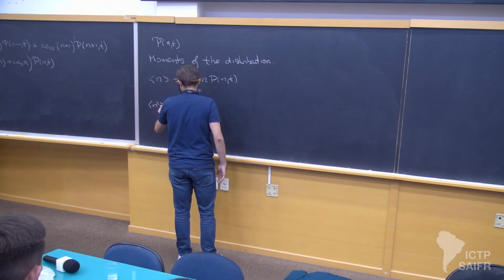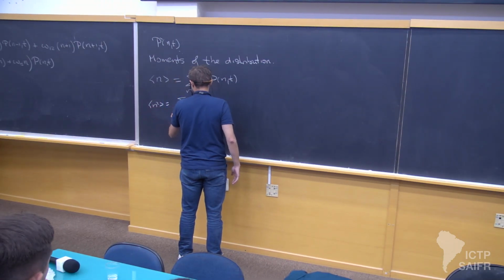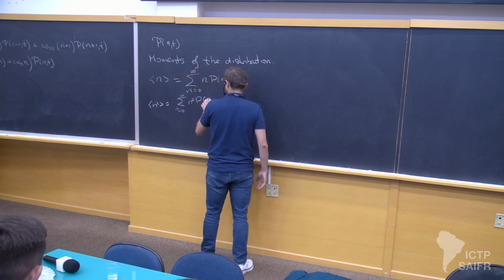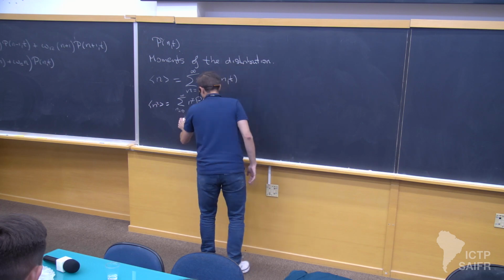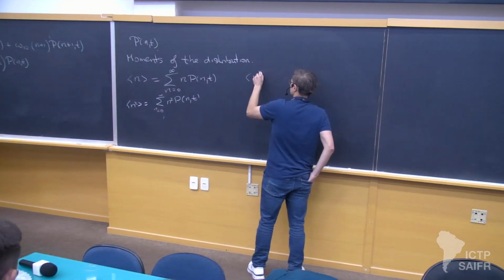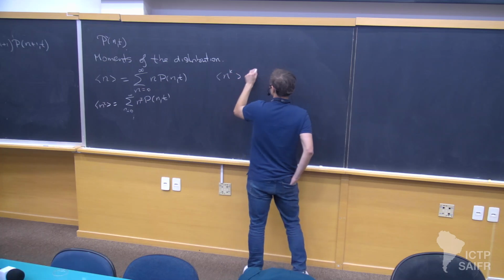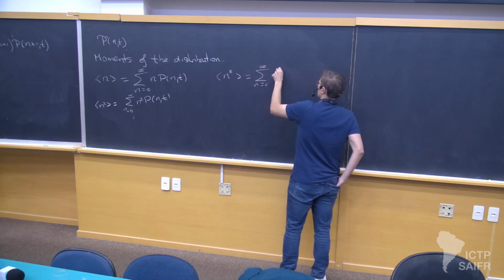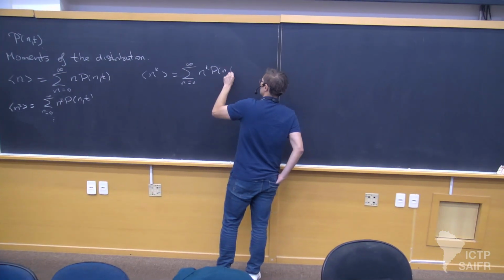These are just the definitions of the moments for a discrete probability distribution function, for a discrete random variable. And in general, you will define the kth moment as the sum from 0 to infinity of n^k P_n(t).